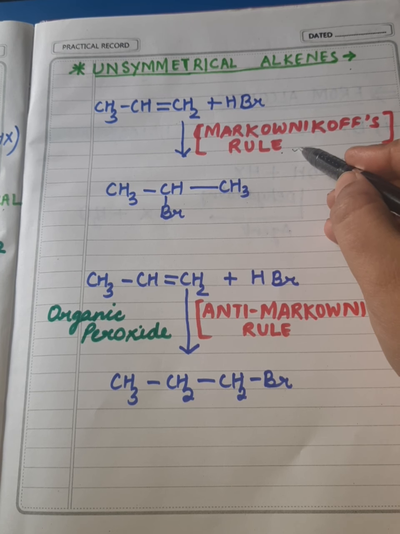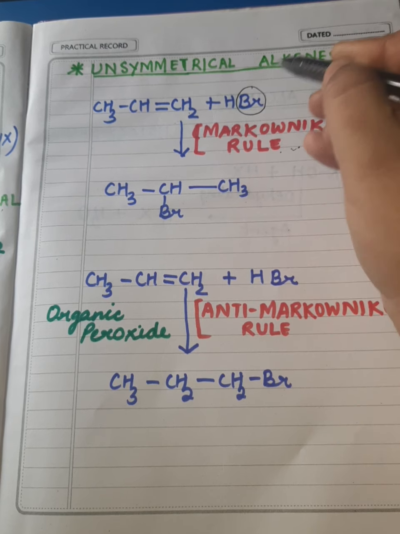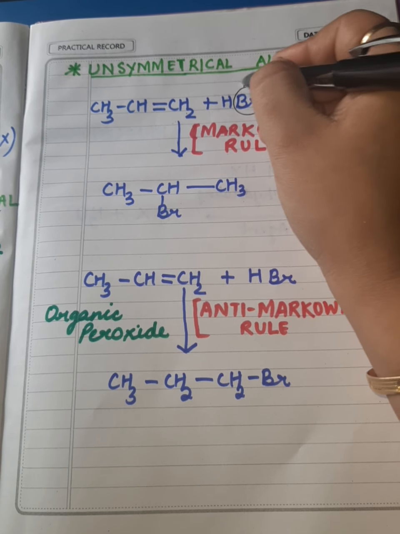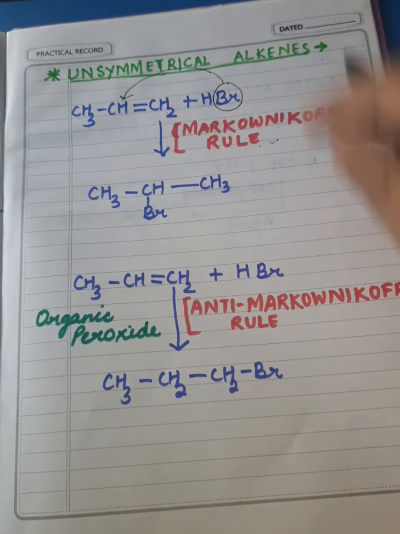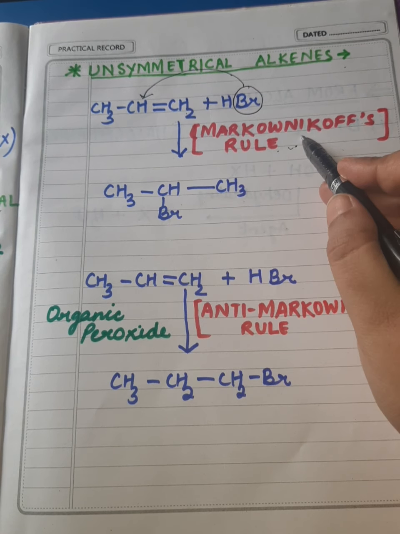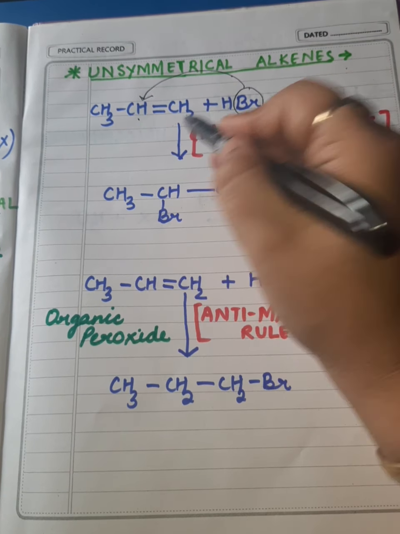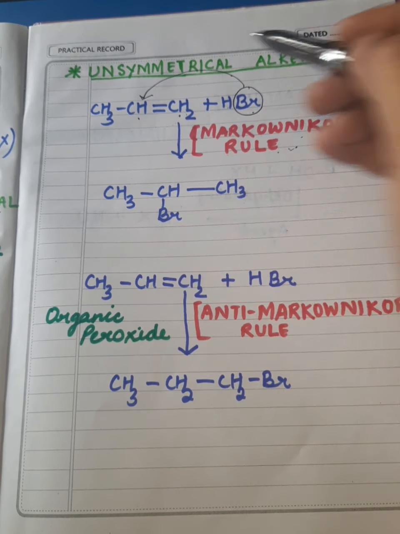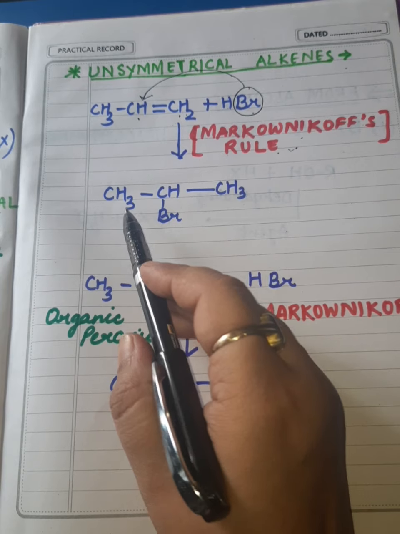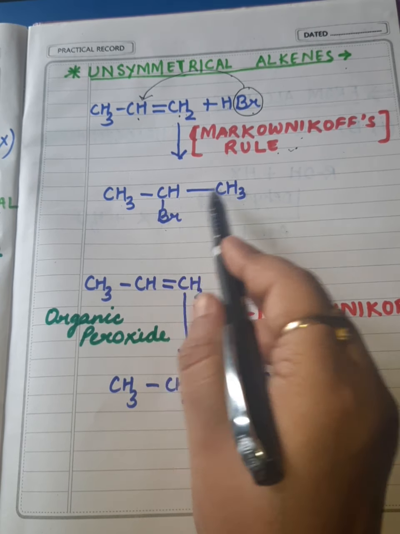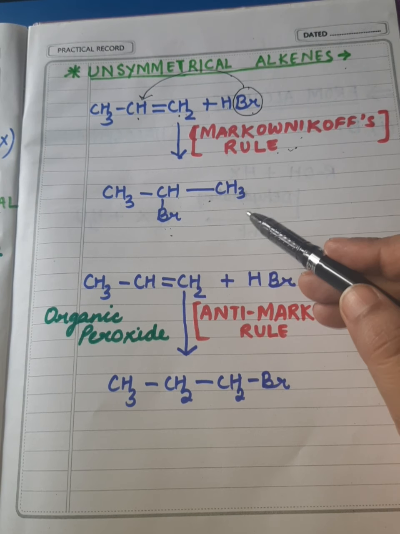According to this rule, the most negative part of the attacking reagent goes to the carbon which contains less number of hydrogens. So according to this rule, Br will go to the second carbon and H will go to the first carbon. That's the reason we have the major product as CH3-CHBr-CH3, that means 2-bromopropane. I hope it is clear.